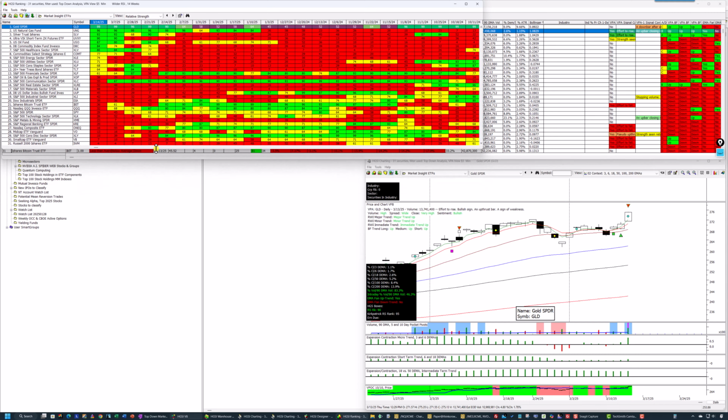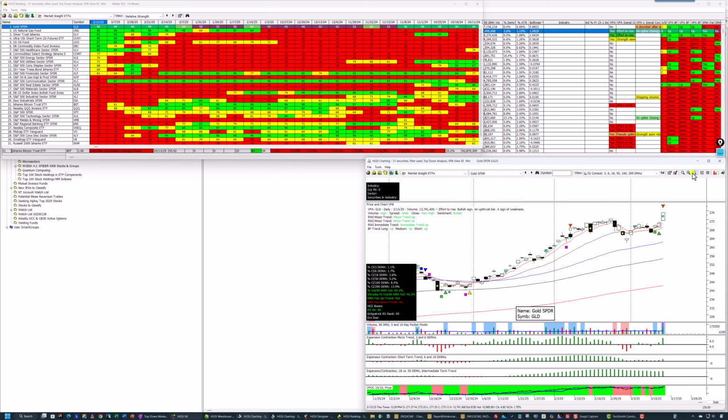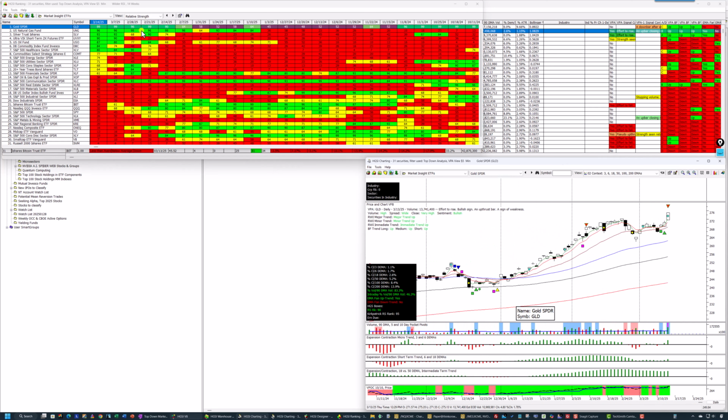It just ranks whatever ETFs or stocks are in a folder. So if I bring this up, you've already looked at gold, but it tells me that this is the strongest trend. And you can see that it was red back here, then it went to yellow, and then on the week of the 14th of February, it turned to green.